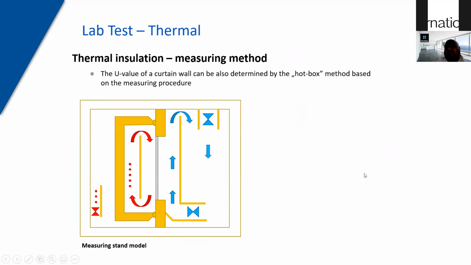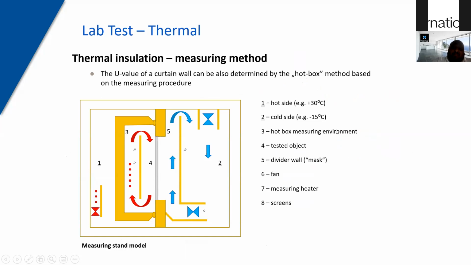How do we test in reality? So we use something called a hot box method, where we have, in a sense, an area which is hot, an area which is cold. We have the specimen which needs to be tested, and then we have a fan which simulates an external weather condition, and for air and temperature to transmit through this intended specimen.